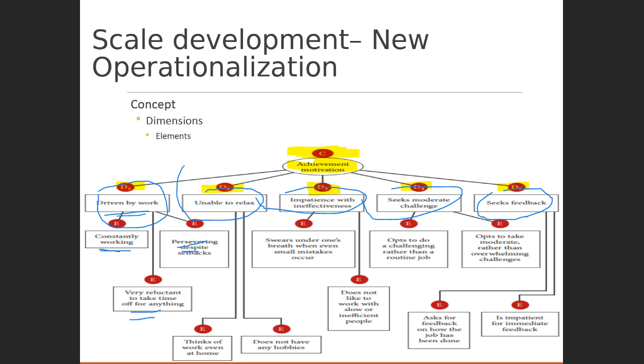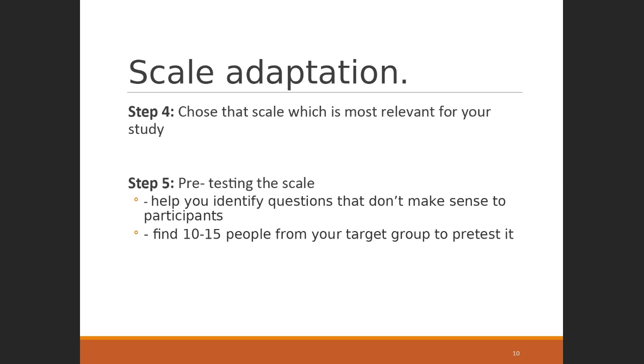So that is why we discussed right in the beginning of this session that if you have to use a questionnaire, then use already existing operationalizations, like we discussed about scale adaptation. This is called scale adaptation.